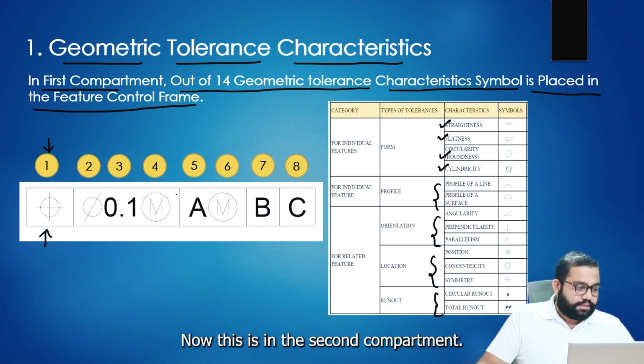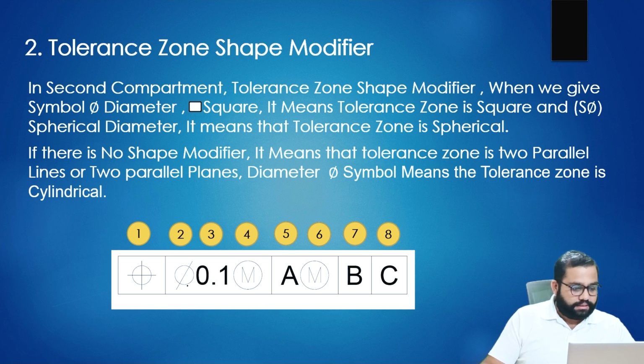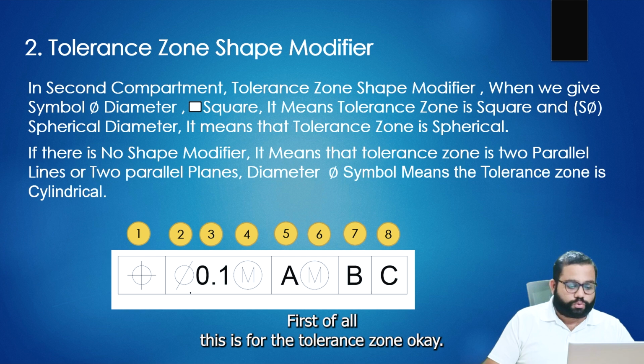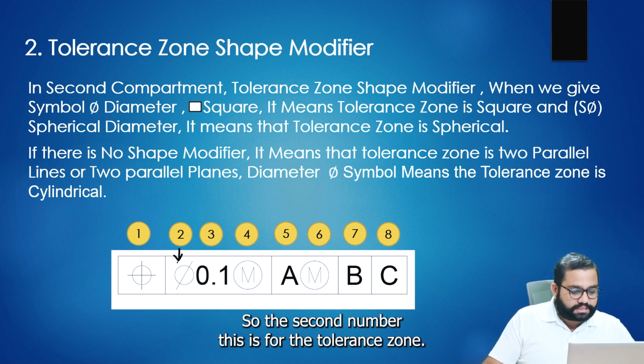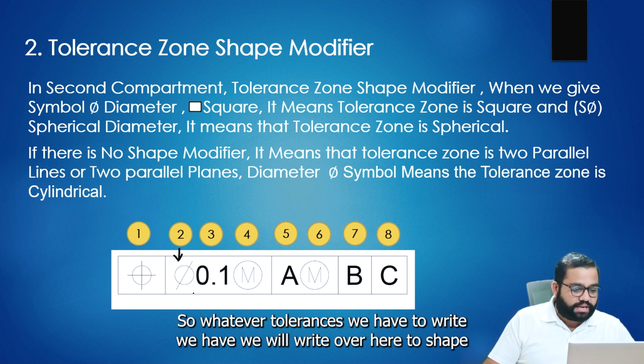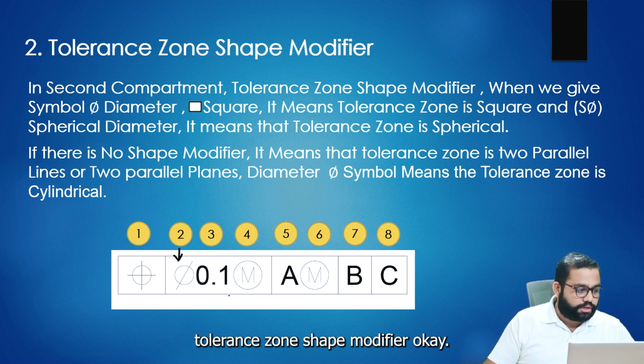Now, the second compartment. This is for the tolerance zone. Whatever tolerance we have to write, we will write over here, along with the tolerance zone shape modifier.